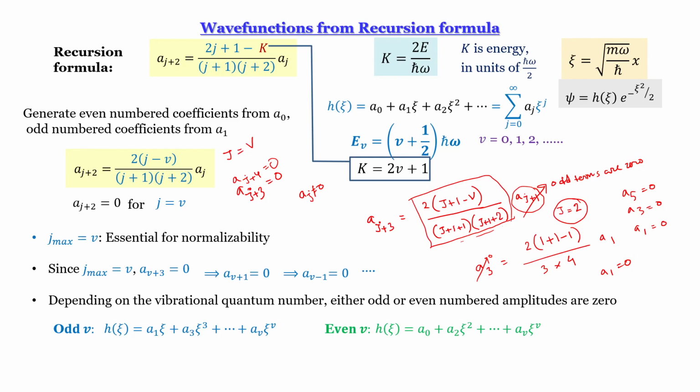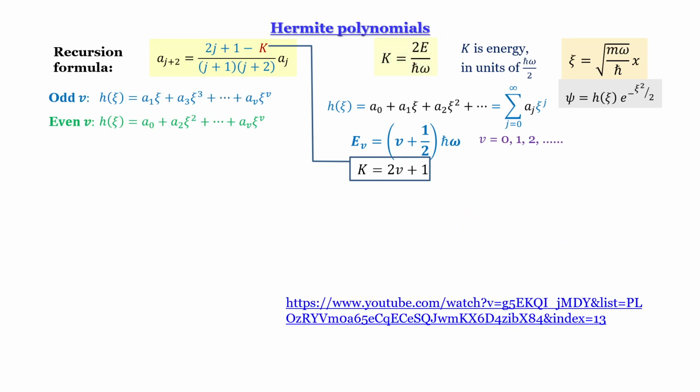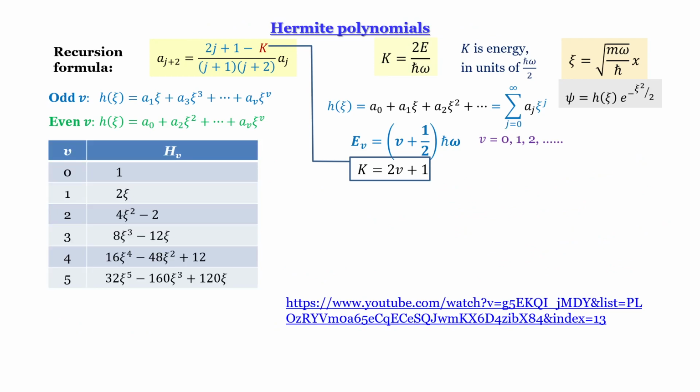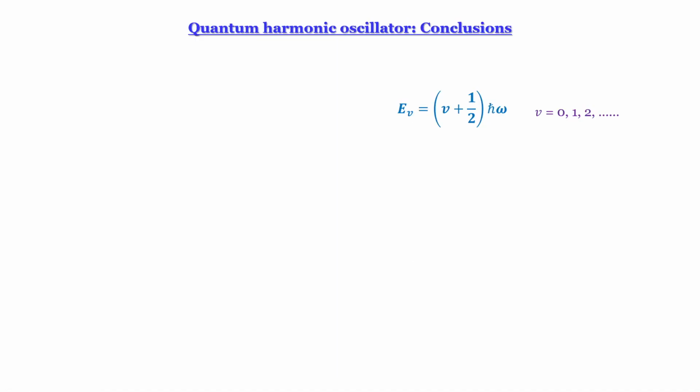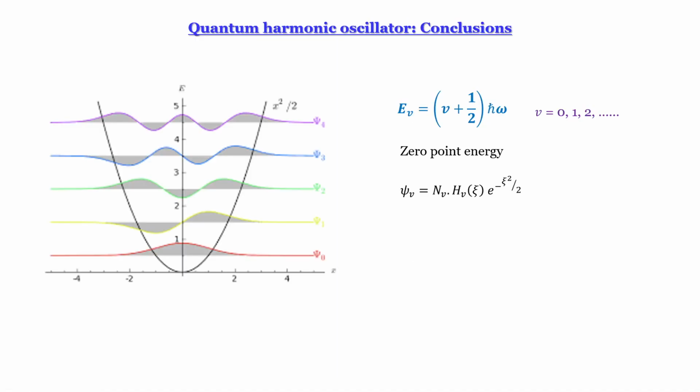Okay. So like that, only odd and only even terms will be there for the Hermite polynomials in this case, and that would lead to another recursion formula, that if we know nu is equal to 1, then we can go for 3 and 0 like that, and that's how we'll get all these formulas.